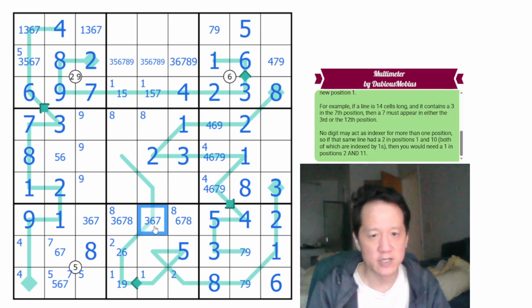The 3 could index itself. It could be the 6th one, but it cannot be the 7th one, right? If this is 7, that would mean 3 has to be in the 7th index position, which is not. So this can't be 7. This is 3 or 6. This can't be 6.